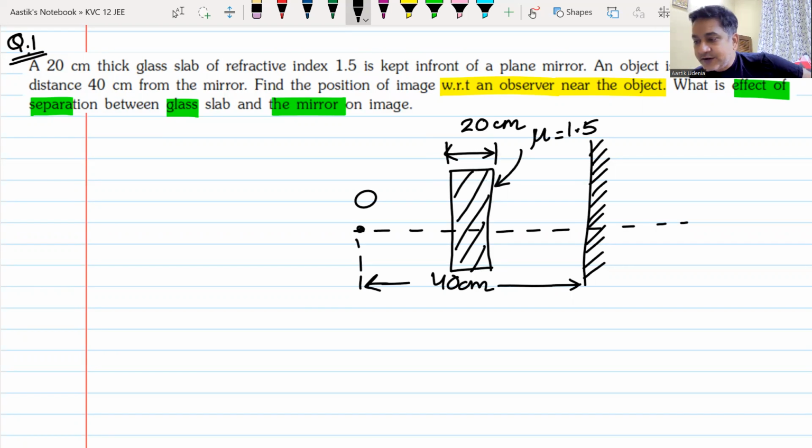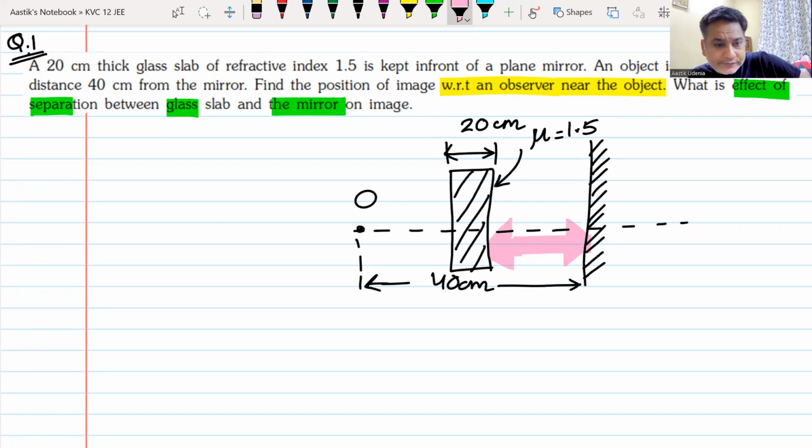The first question is the green question. What is the effect of separation between the glass slab and the mirror? So if I call this distance the separation, how does it affect your answer? Does it affect your answer? Because this is not given to you. How far is the slab from the mirror? Does it affect your answer? Karthik, Deepak, Jayashankar, Shreya, and everyone in the online class, does this pink thing, the distance between the glass slab and the mirror, affect your answer?